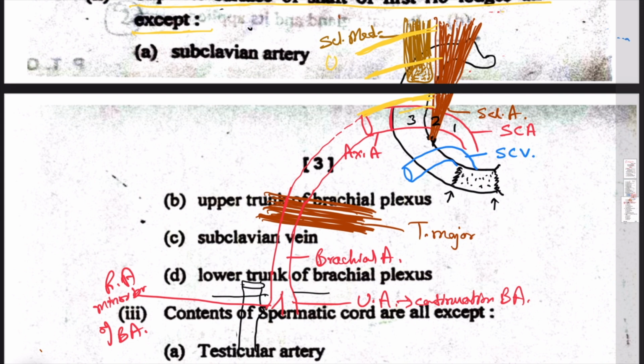This is the upper trunk, this is the middle trunk, and this is the lower trunk. So the three trunks of the brachial plexus emerge from between scalenus anterior and scalenus medius. And what else emerges from between the two muscles is the subclavian artery also. Got it?